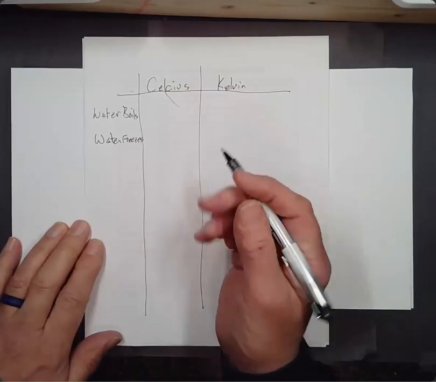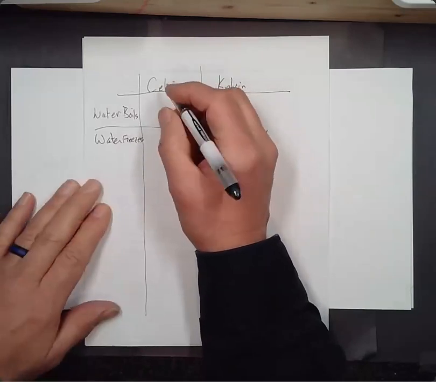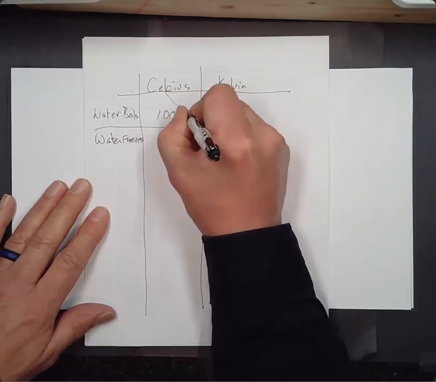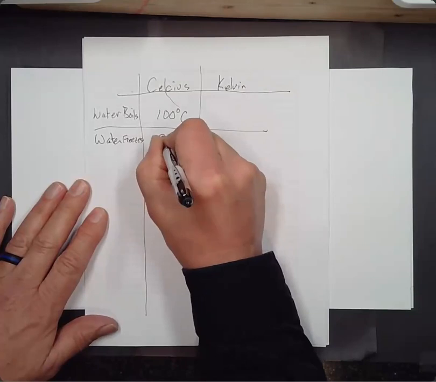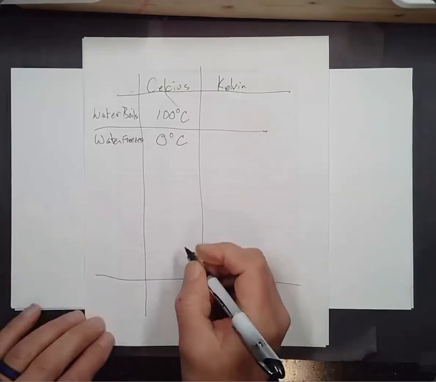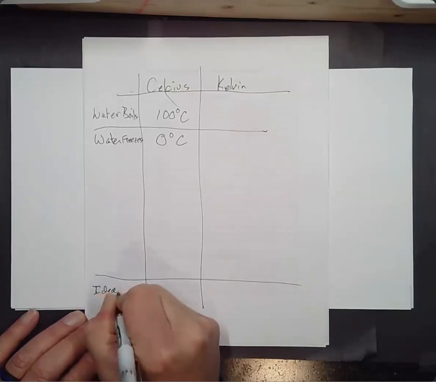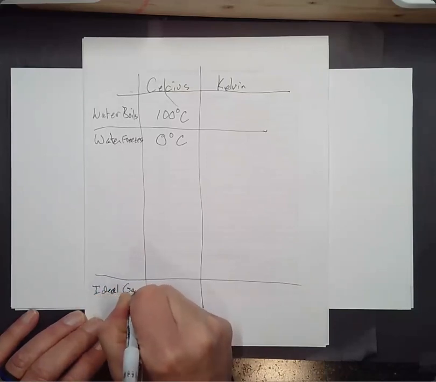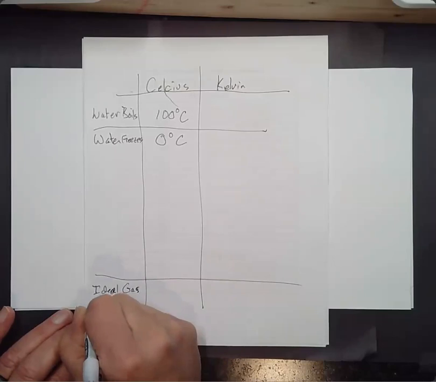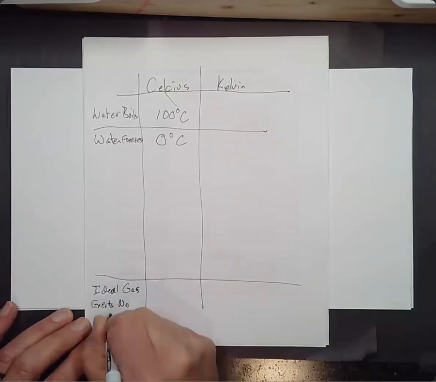Anyway, water freezes, various things happen. Well, on the Celsius scale, water boils at 100 degrees Celsius. Water freezes at 0 degrees Celsius. And another change that might happen is that an ideal gas, and we'll do some studies of ideal gases a little bit later in this unit, exerts no pressure.